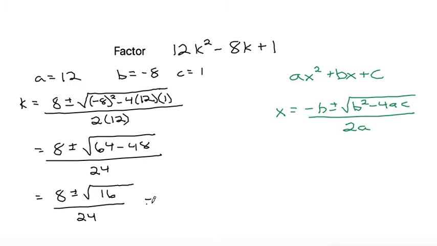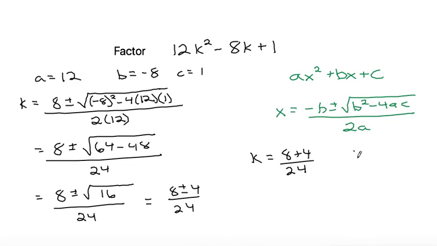So let's simplify that a bit more. The square root of 16 is 4. So that's 8 plus or minus 4 over 24. That gives us two solutions for k. One being k is equal to, we'll use the plus form first, 8 plus 4 over 24.